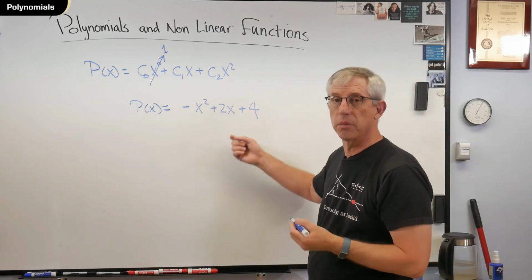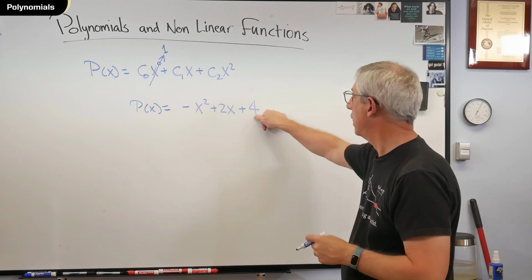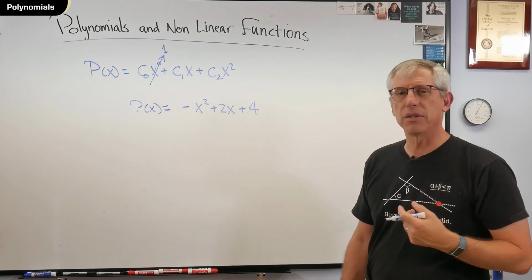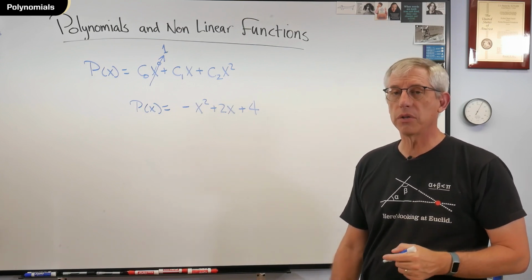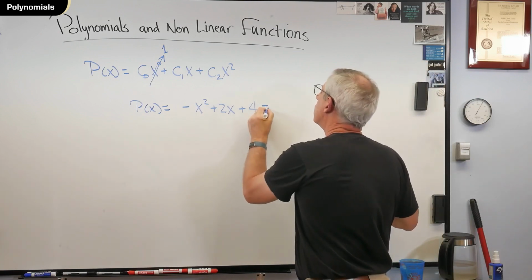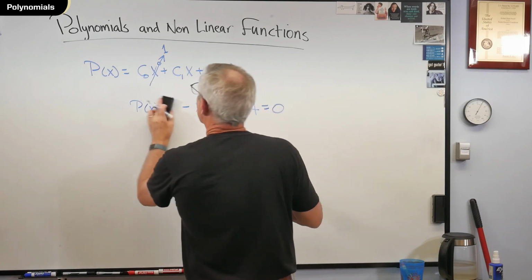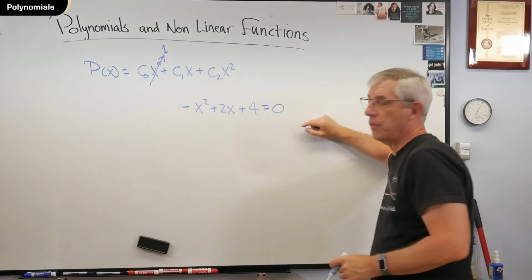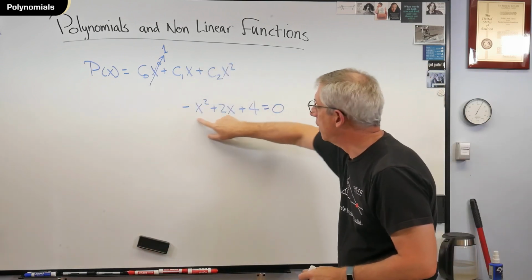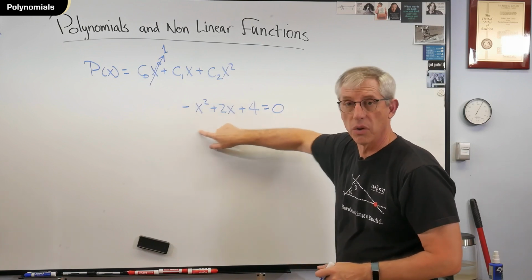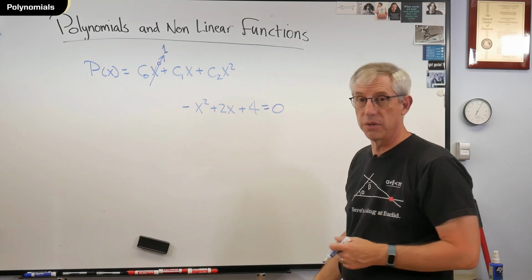That'd be a parabola. Parabola is the shape you get when you plot that. When I say it has a solution, what I really mean is what are its roots? When it's looking for roots, what you're trying to do is find an x that makes everything on the left side of the equation, makes the whole polynomial equal 0.